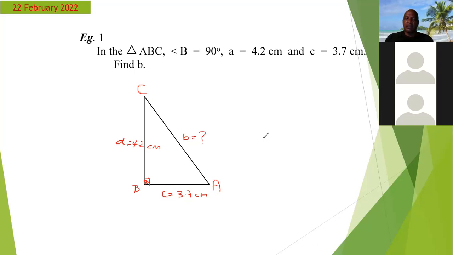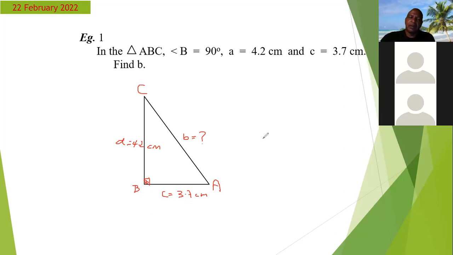Now, remember I said to you that in writing the formula, the formula doesn't necessarily start off with A. So based on the triangle that you have, you start off the formula with the side of the hypotenuse.